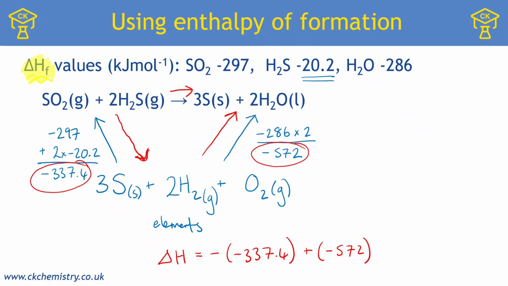Just remember the difference between the negative sign, which is just part of the enthalpy change, showing it's exothermic, and the negative sign, which is showing that we're going the opposite way to it. Overall energy change, therefore, is minus 234.6 kilojoules per mole. So that's how we use enthalpy of formation.